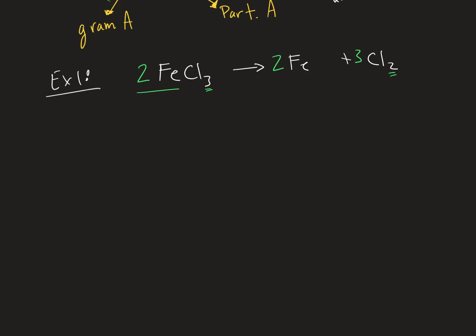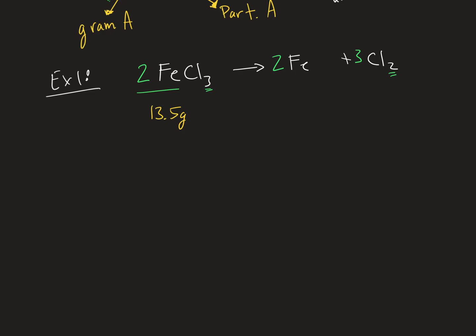We want to know how many moles of Cl2 are produced. So this is the way I do it. And you don't have to do it this way. But I write down what I know right underneath the substance. I have 13.5 moles of FeCl3. Now, I usually don't write FeCl3.